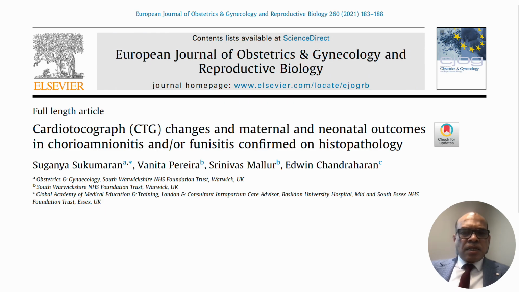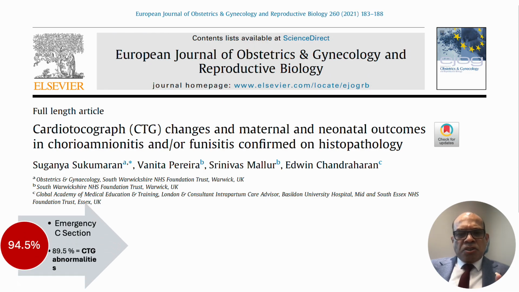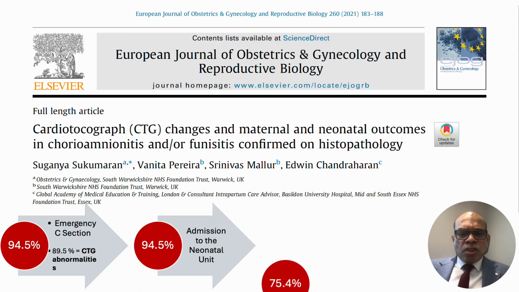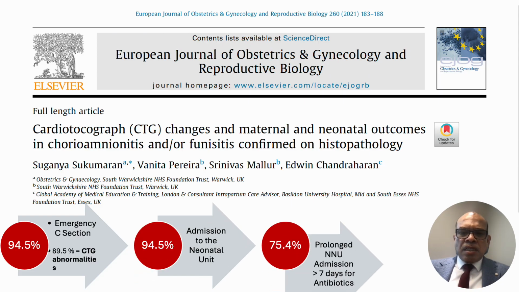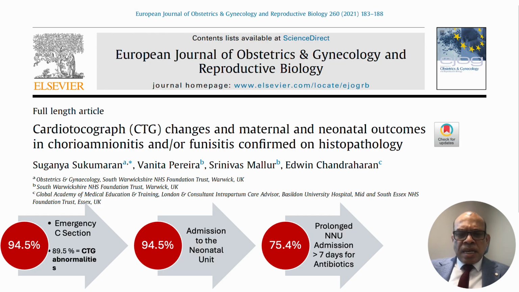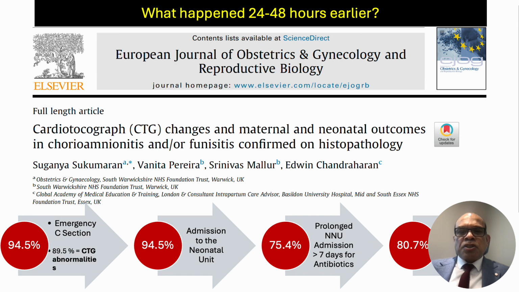So when we looked at histopathologically confirmed cases of chorioamnionitis, we were able to show that 95.4% of these fetuses had emergency cesarean section, and they had to go to the neonatal unit, and some of them, about 75%, stayed more than 7 days, and 80% of women came with wound infection.